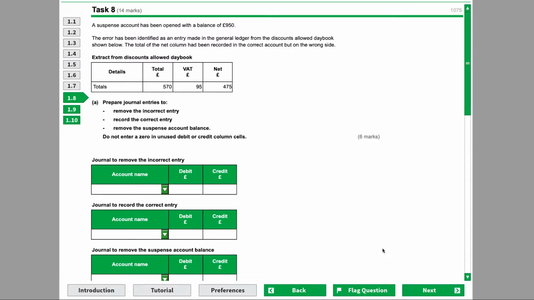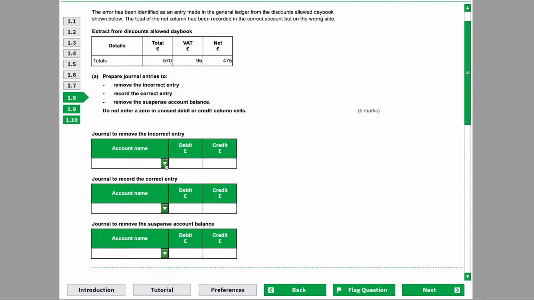To clear that, we would therefore have to credit the account. Now, if that second method is too complex, then just go with the first way of thinking. So with that in mind, let's jump back to the question and enter those transactions in.